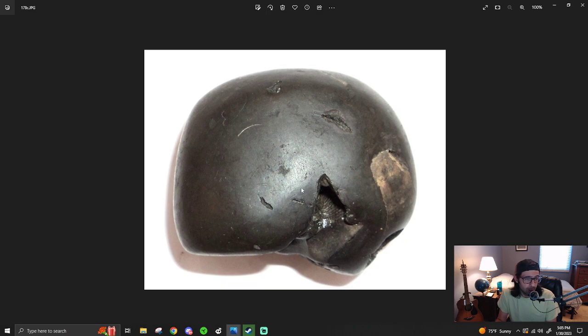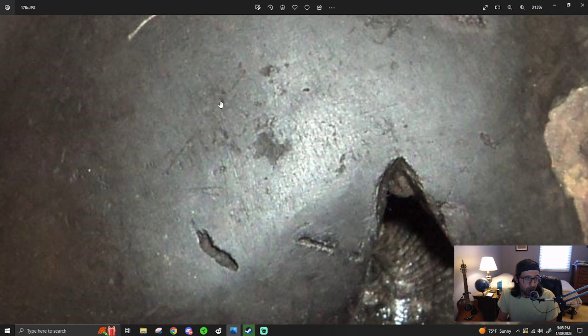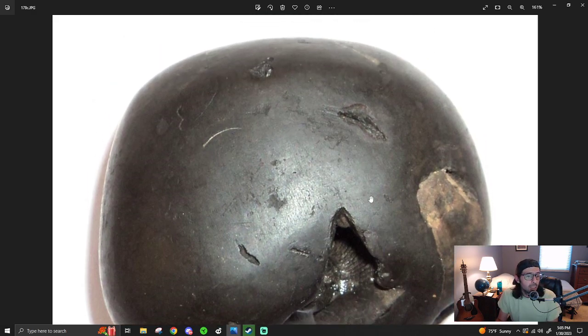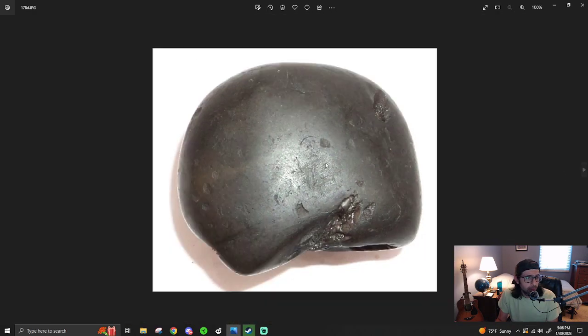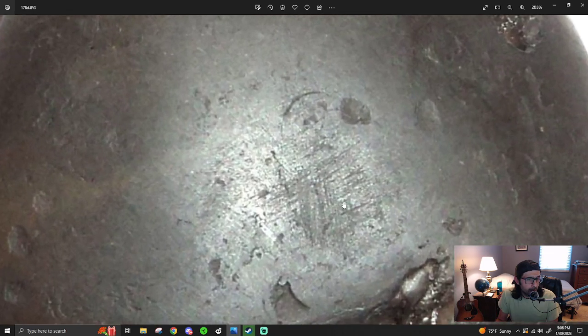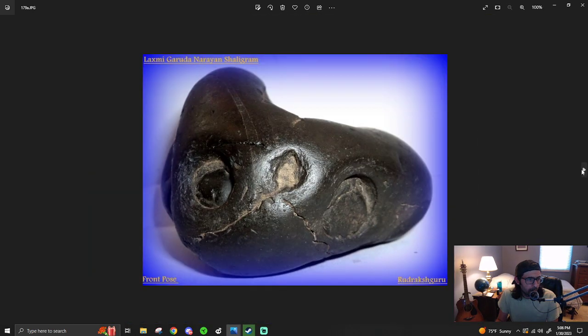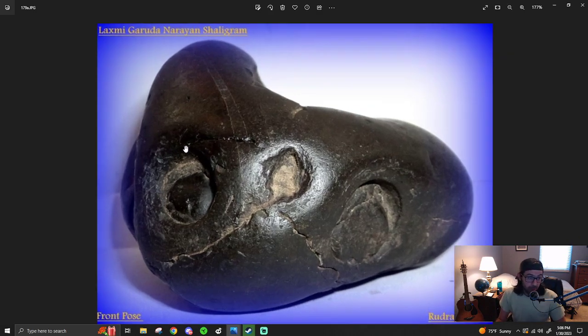You can kind of see those striations in this. And then some other stuff going on that may or may not be those features. I didn't know what to make of this. This was interesting.